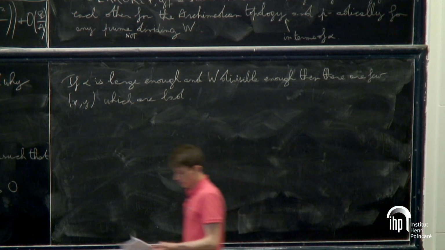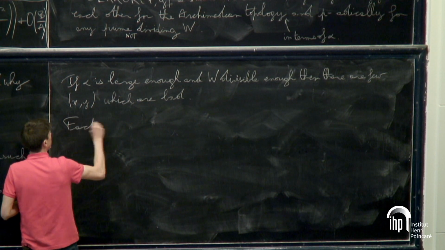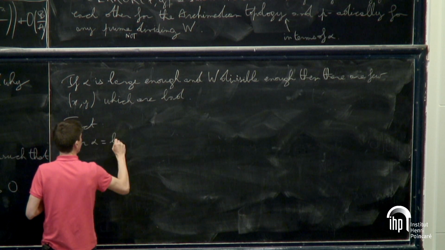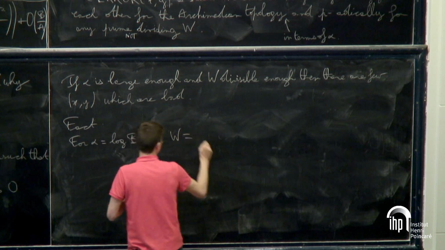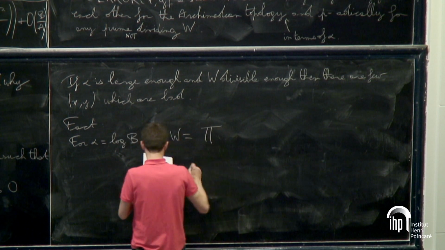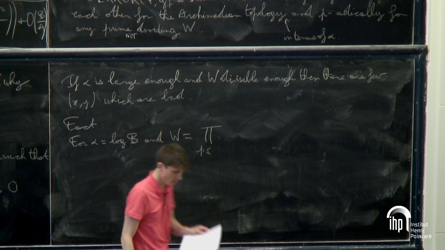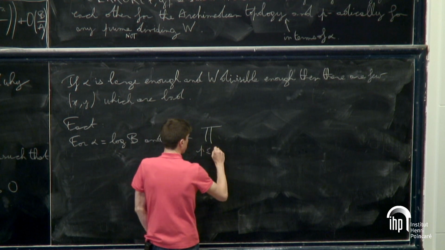Okay, so that's what Will meant. So here is the fact. If we take alpha equals log b and W equals something technical, at least you will know that we have a value of capital W which works.